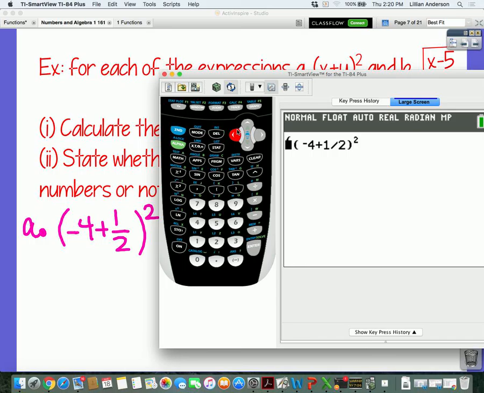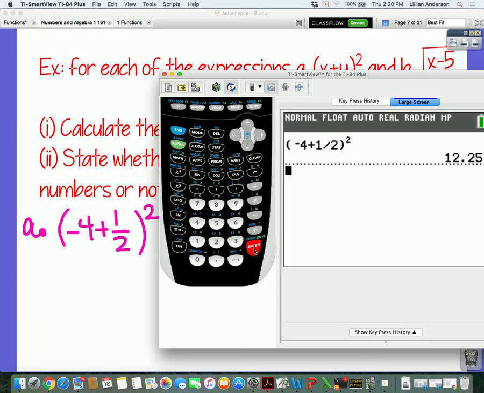Say you make a boo-boo and you gotta go back. Okay? Just press this arrow over and it will allow you to go back as far as you need to get rid of whatever boo-boo you made. Okay? And you can press delete to delete something that you added in that you didn't mean to, like I just did. Don't press clear. Clear gets rid of everything. You gotta start over. Okay? Delete is just like the keyboard. Okay?